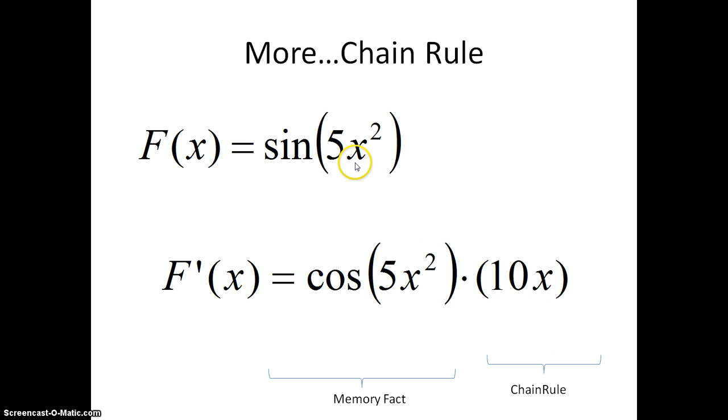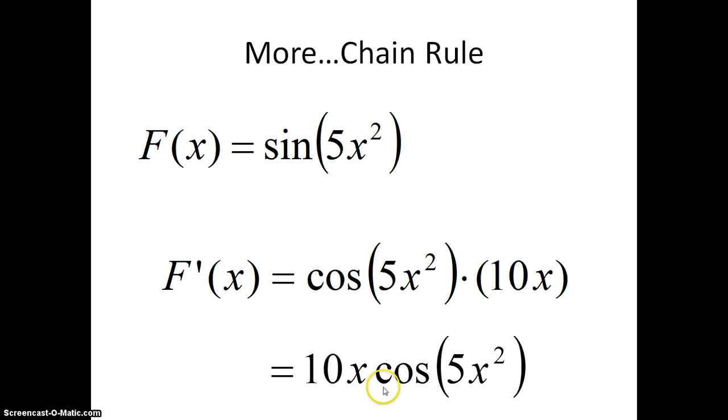It's not just sine of x, it's sine of the quadratic. So the derivative is cosine applied to the quadratic times the derivative of the quadratic. And then we might rewrite that and bring the 10x and multiply it out front. But it's still just a big product, 10 times x times cosine of 5x squared.